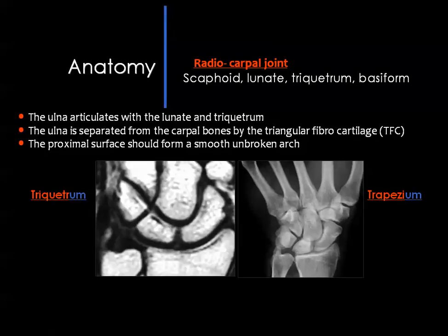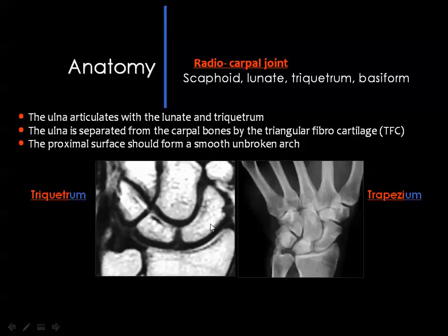Starting with the carpal bones. You know that there are a lot of ways to remember their names, but I recommend the simplest way, which is remembering their accurate names. You know that this is the radius and this is the ulna. This is the most important, in my opinion, bone in the carpus, which is the scaphoid.